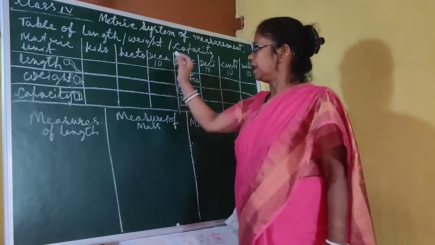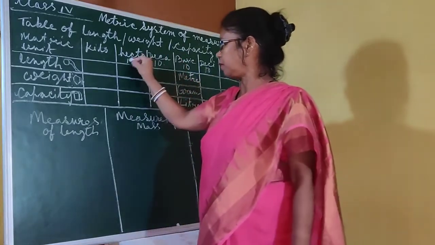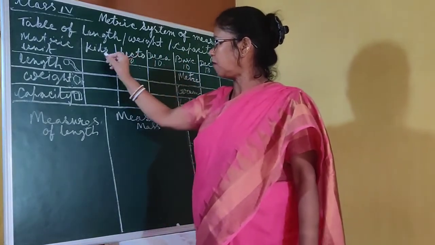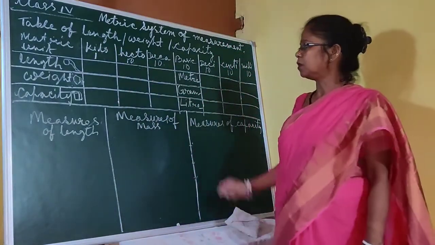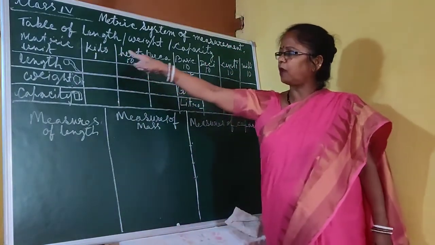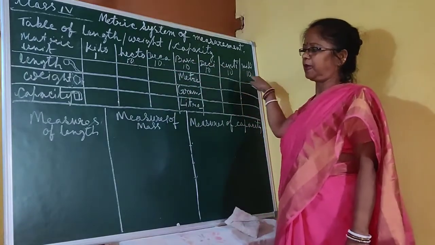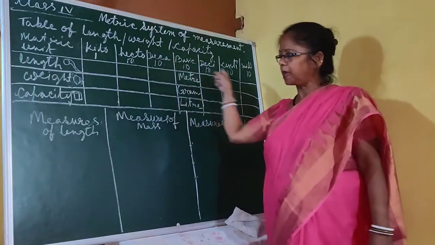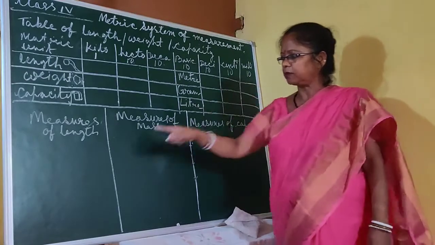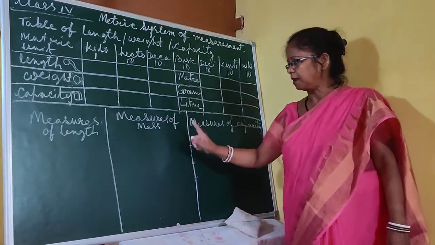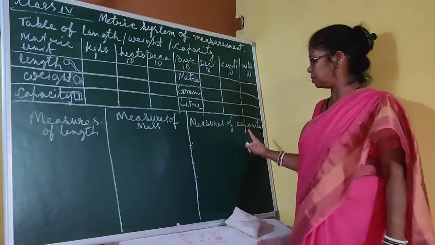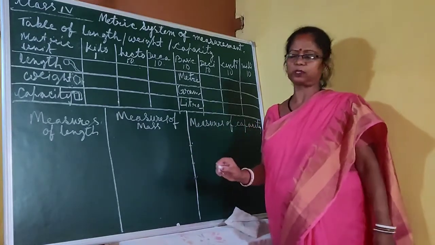All 10 times. 10 decameter, 1 hectometer. 10 hectometer, 1 kilometer. This is the table. You have to learn only this first line, and with its help you can write the measures of length, mass and capacity. 3 tables you can write.